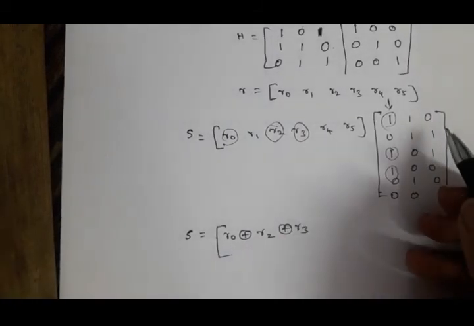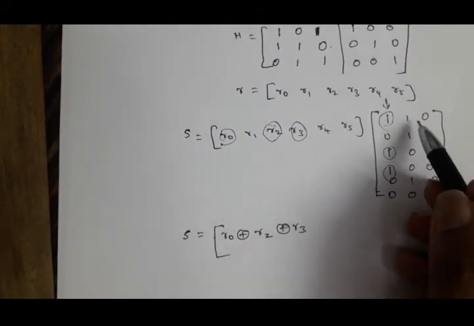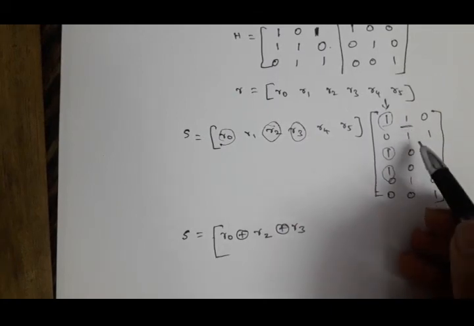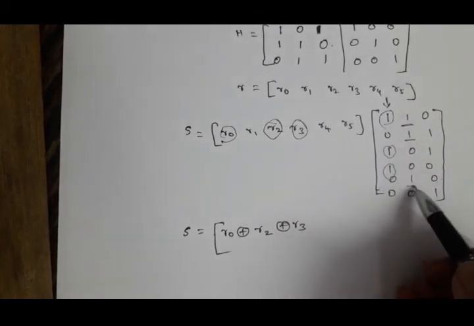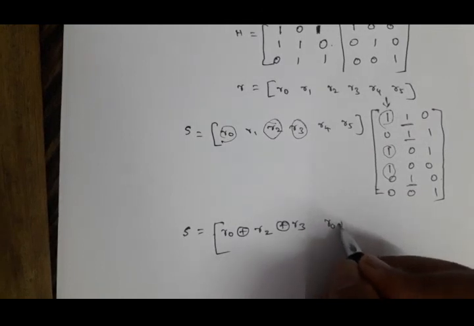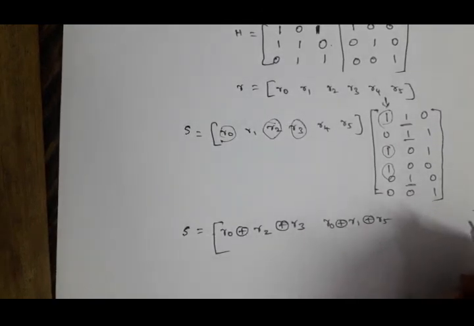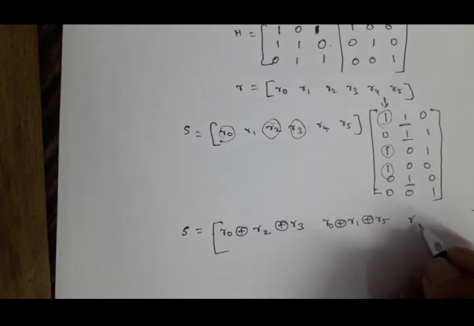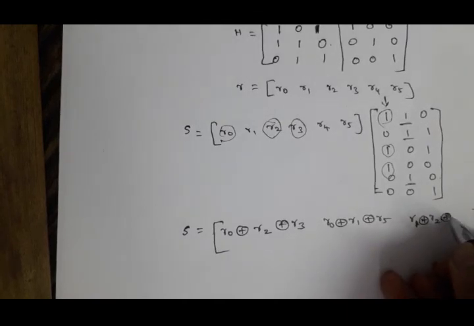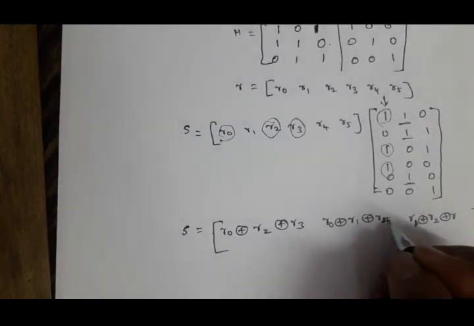The next column consists of 1 in the first row, second row and fifth row, so R0 XOR R1 XOR R4. Similarly, the third can be written as R1 XOR R2 XOR R5.